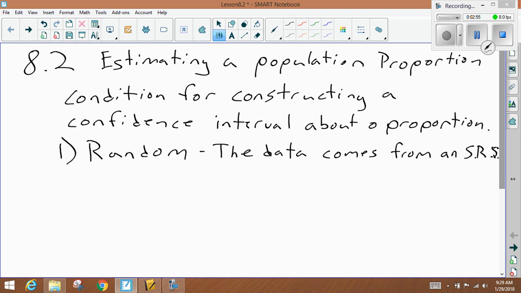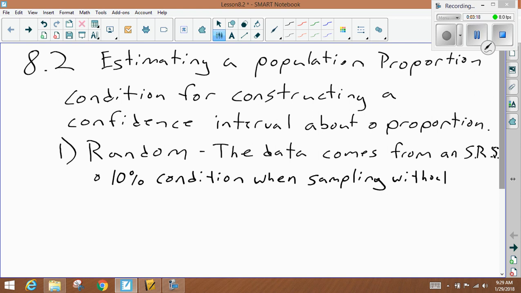Also, you got to check the 10% condition when sampling without replacement. I'm not sure why you would ever sample with replacement, but it's in there, right?